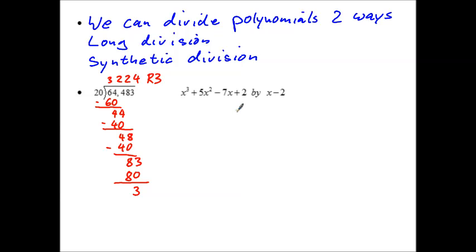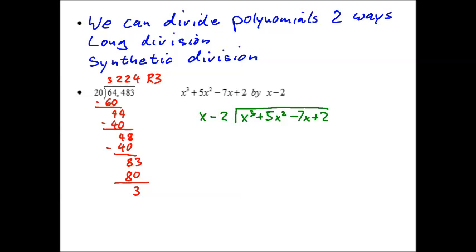So I'm going to put our dividend into the house, x cubed plus 5x squared minus 7x plus 2, and that's supposed to be divided by x minus 2.